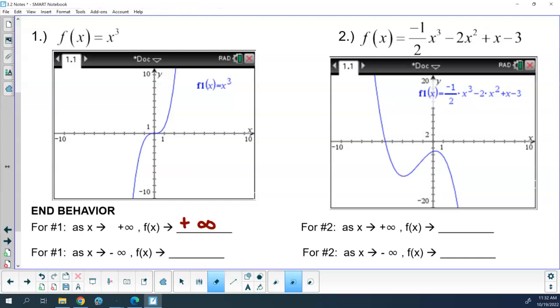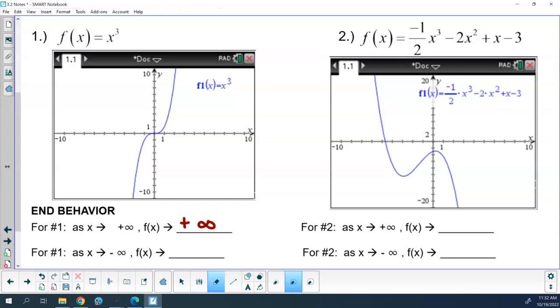For instance, on numbers 1 through 6 on your homework, where it says simplify it, which means put it in standard form, and then state the end behavior. So you would say, as x approaches positive infinity, f of x approaches positive infinity in this particular case.